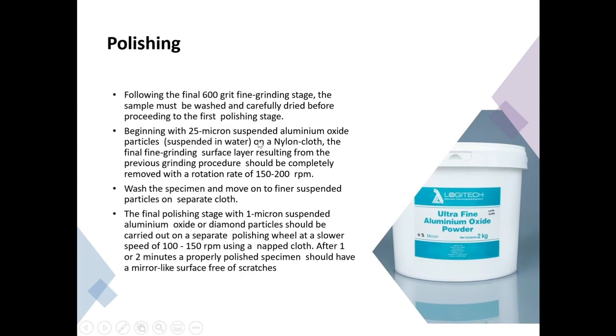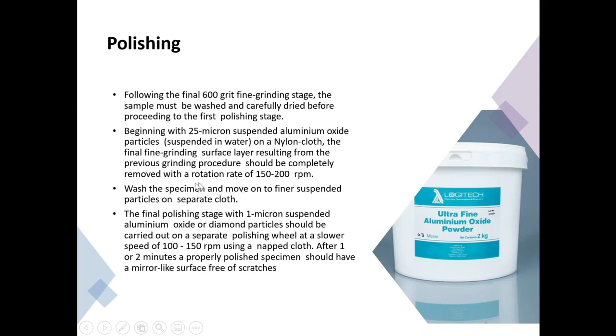Beginning with 25 micron suspended aluminum oxide particles on a nylon cloth, the fine grinding surface layer resulting from the previous grinding procedure should be completely removed with a rotation rate of 150 to 200 rpm. So with different grades of oxides available in the market, using them one by one we can go through the polishing steps.